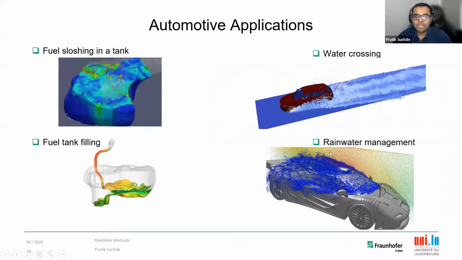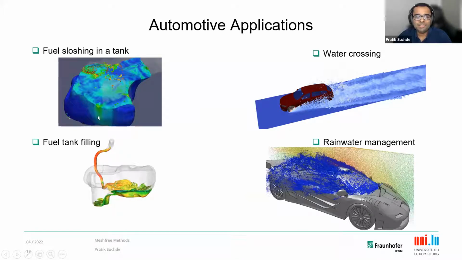So now let me go to a few different applications of Lagrangian mesh-free collocation. All of these applications are done in collaboration with several industrial partners. I'll be talking about 4 broad applications: fuel sloshing and tank filling, water crossing and rainwater management.